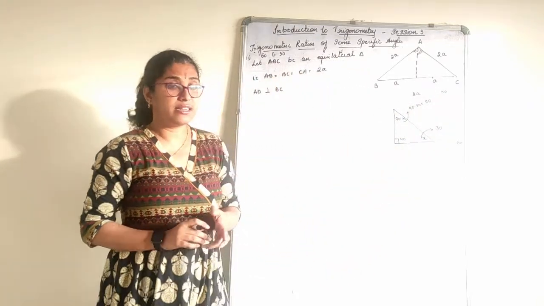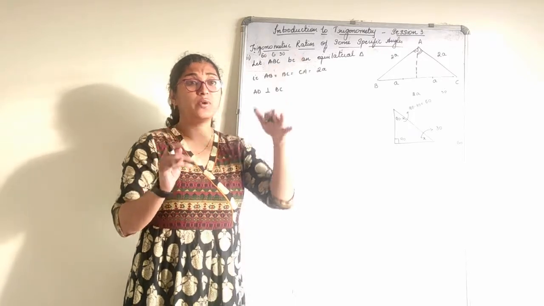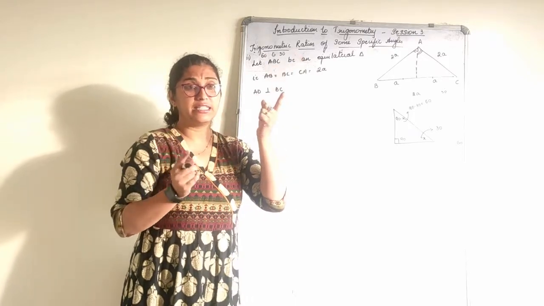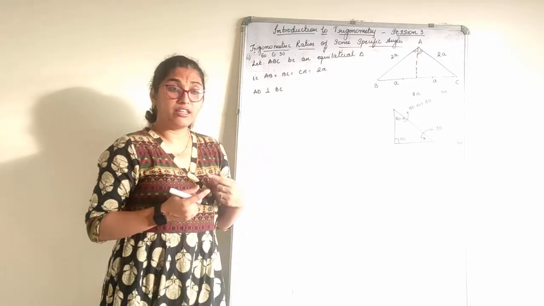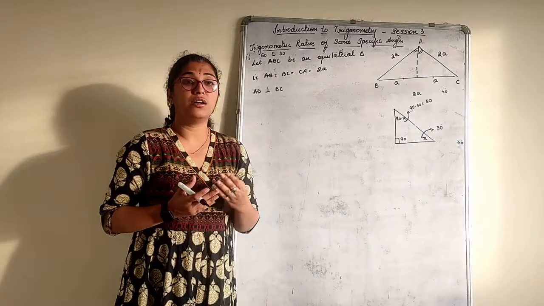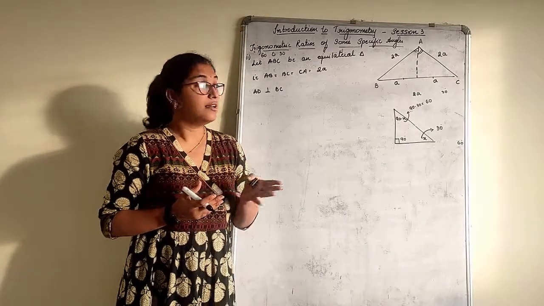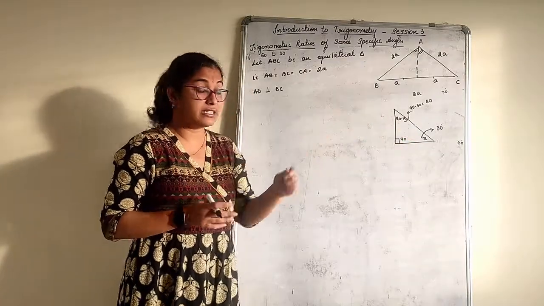That means in a right angle triangle, if one angle is fixed at 90 degree, the remaining two angles can be 30 and 60 or 60 and 30. It can be a combination of other angles also, but here we are finding the T ratios of a specific angle, right? So let us understand that for 30 degree and 60 degree now.